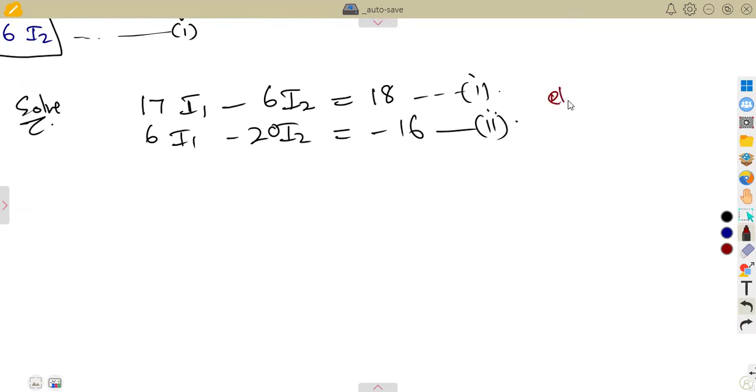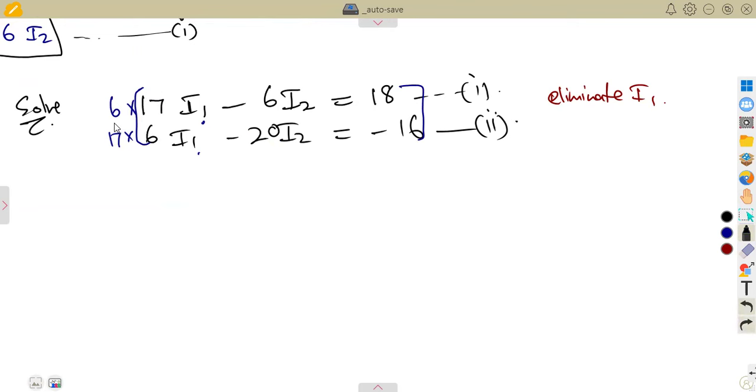All right, so in this case, let's eliminate current 1. To eliminate current 1, we're just going to interchange these numbers, the 6 and the 17. You multiply equation 1 by 6, and you multiply equation 2 by 17. You just interchange these two numbers that are on the currents.